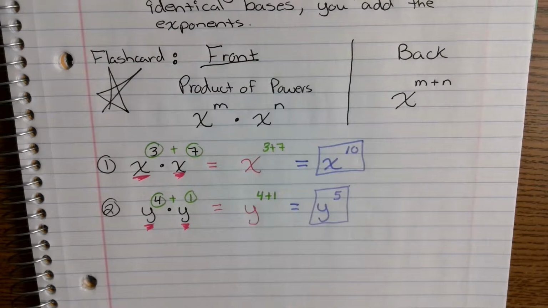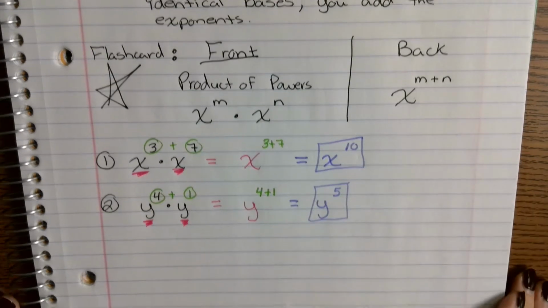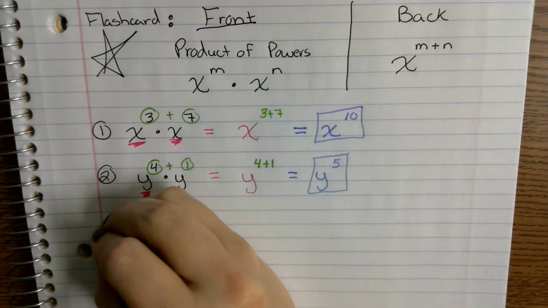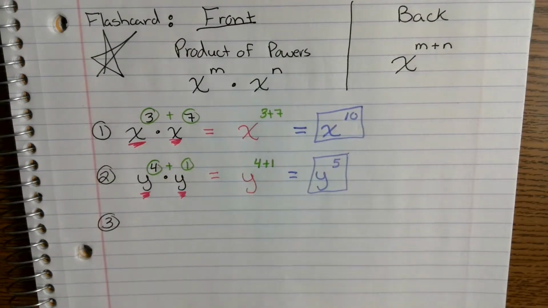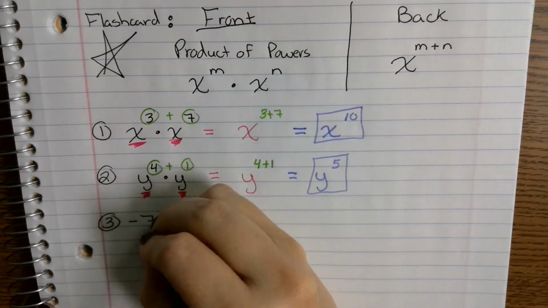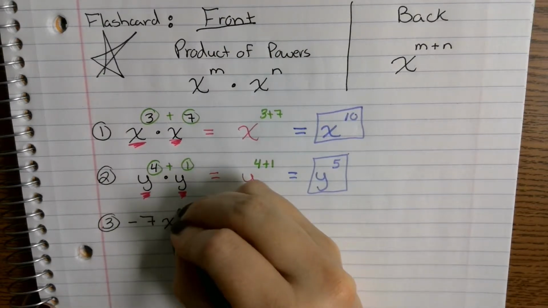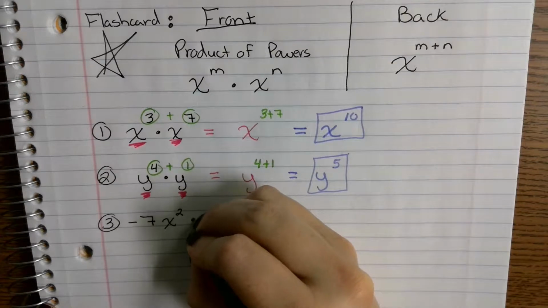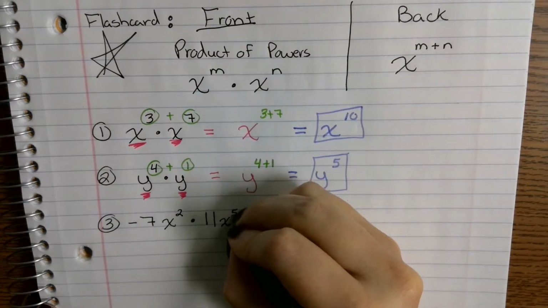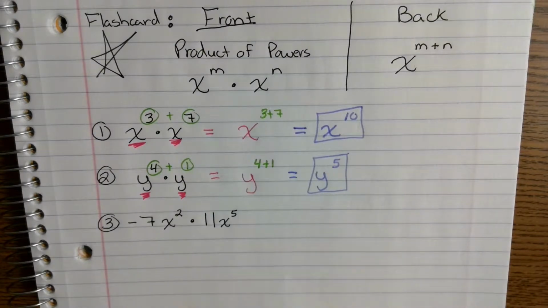Now again, you can only do this if the bases are identical. So if you come across a problem like the following, negative 7x to the 2nd times 11x to the 5th. Look at your numbers first.